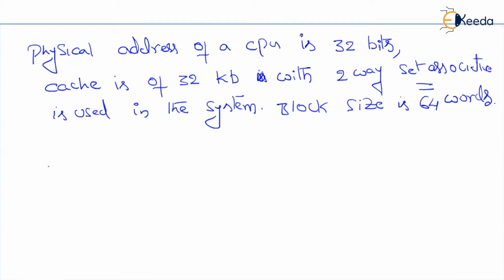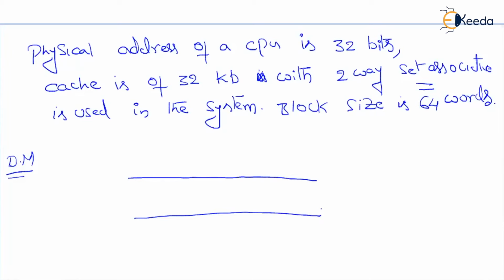First we take the direct mapping division, and from it we define two-way set associative. In direct mapping, we need to divide the physical address of 32 digits into two fields: index and tag.